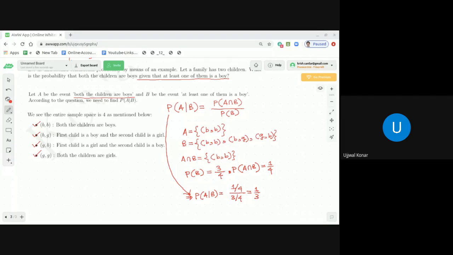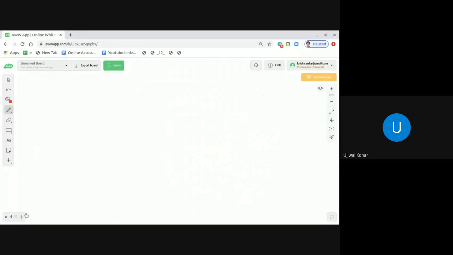Now, the next very important point we are going to discuss is called independent events. Let me take you to the next page to discuss independent events. It is very important to understand independent events.